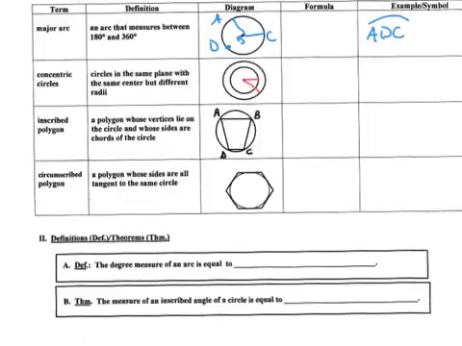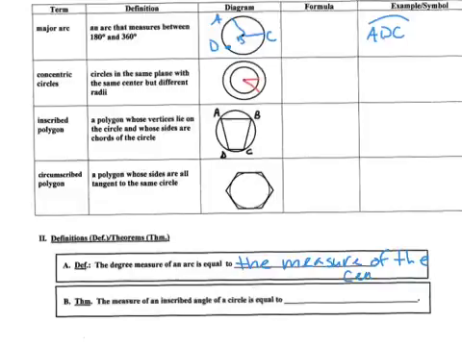And finally, we have 2 more definitions here. We have the degree measure of an arc, or a theorem actually. We're going to define the degree measure of an arc as being equal to the measure of the angle that subtends the arc, so equal to the measure of the central angle.